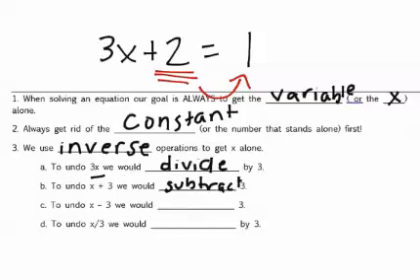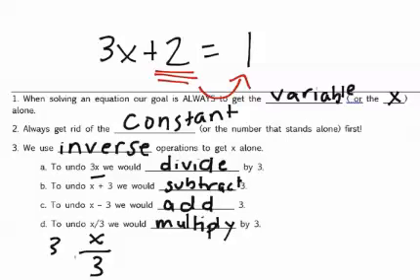Always thinking about how to do the opposite. For C, to undo x minus 3, well, 3 is subtracting from x, so we would add 3. And then finally, to undo x over 3, we would multiply both sides by 3. Oops, I can't spell. There we go.